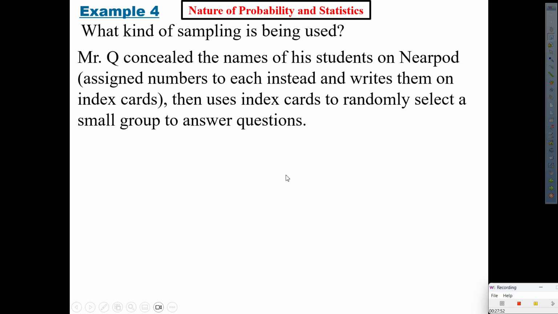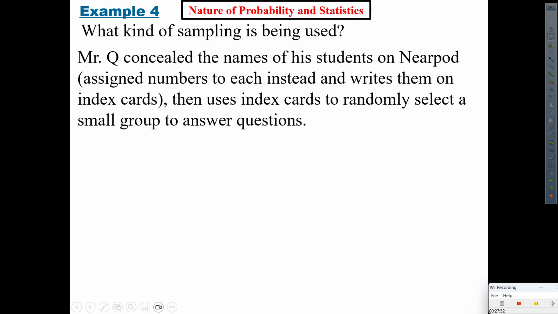It says, number 4, Mr. Q concealed the names of his students on Nearpod, so I can change and make it concealed, but I wrote index cards for you. Then uses the index cards to randomly select a small group to answer questions. Talk it over to your neighbor.